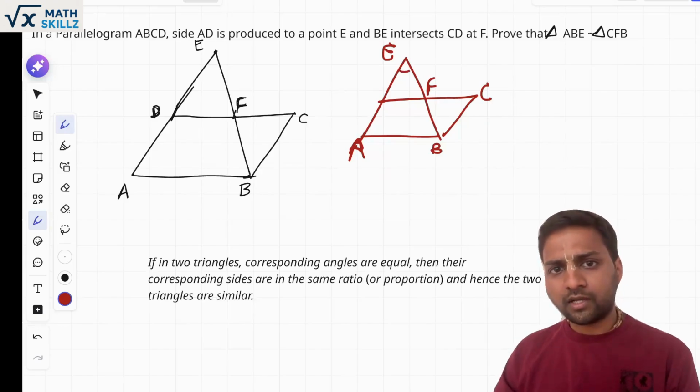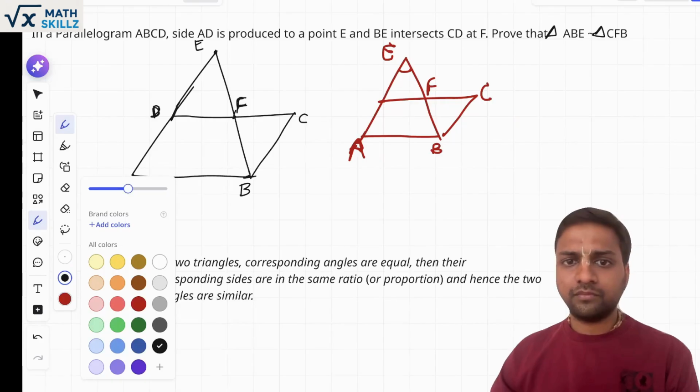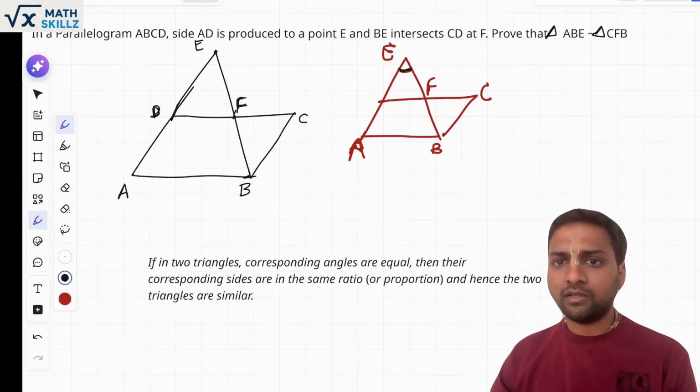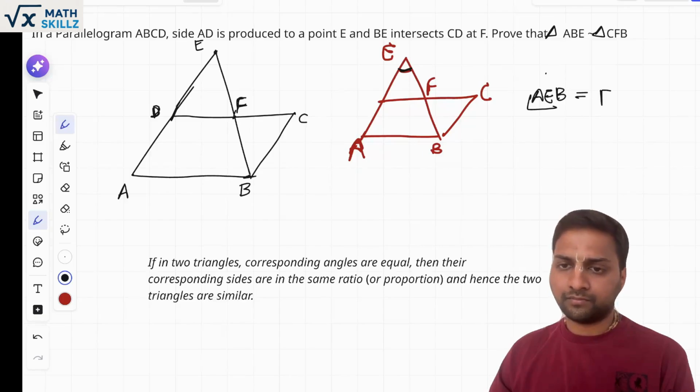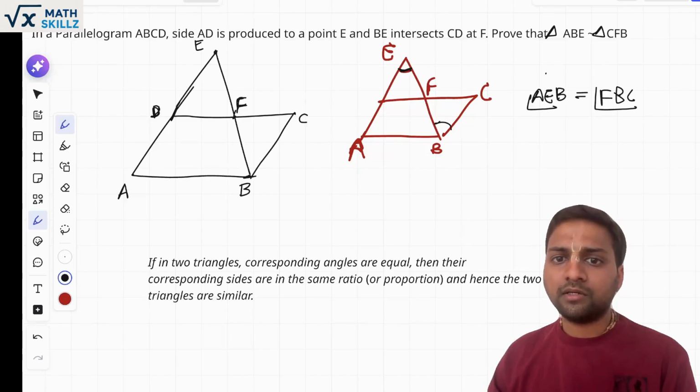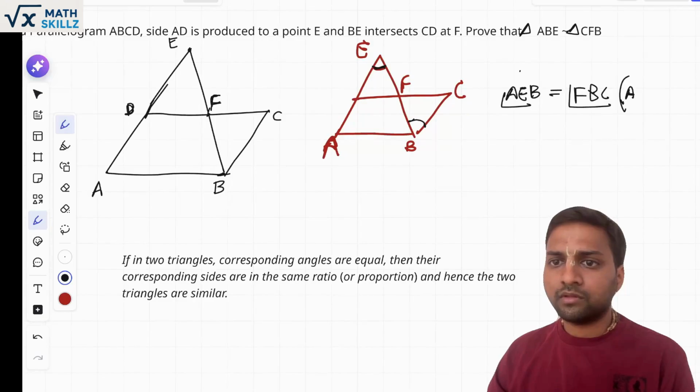We know that angle AEB is equal to angle FBC, because they are alternate angles, because AE and BC are parallel.